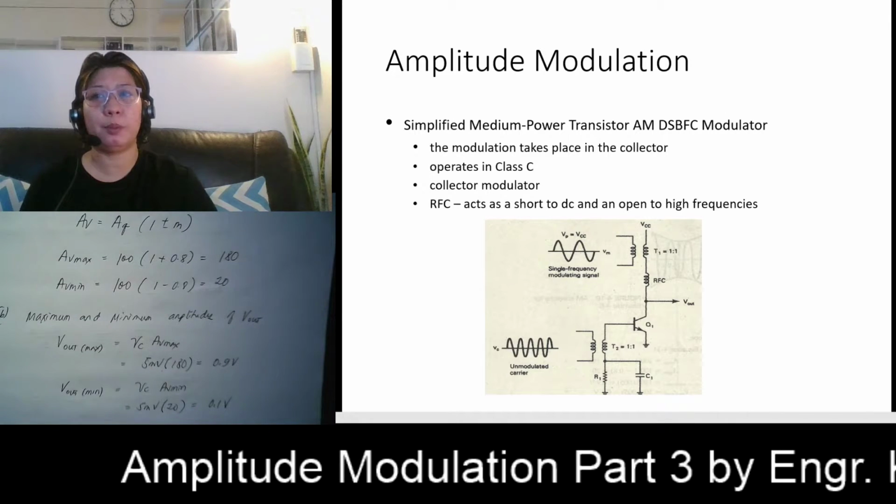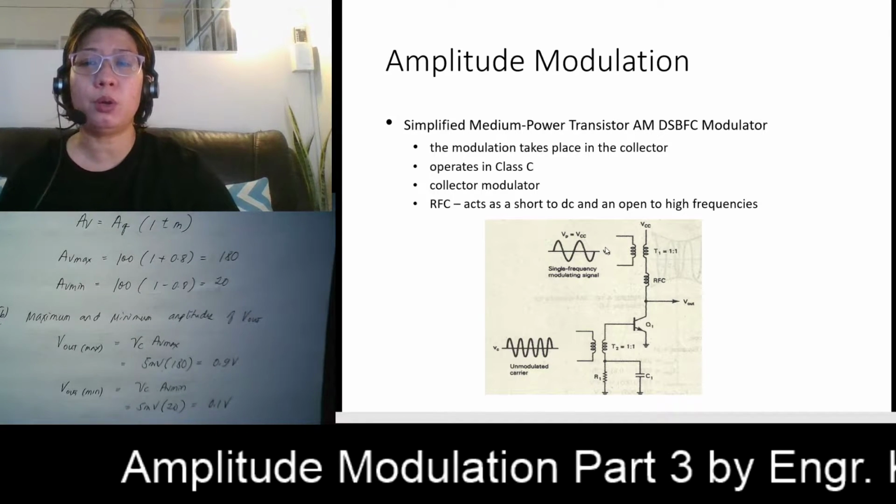So why collector modulator? Because as you can see, this is our modulating signal. It is being applied at the collector terminal of our transmitter. So earlier in our first example, it is called an emitter modulator because the modulating signal is applied at the emitter terminal.